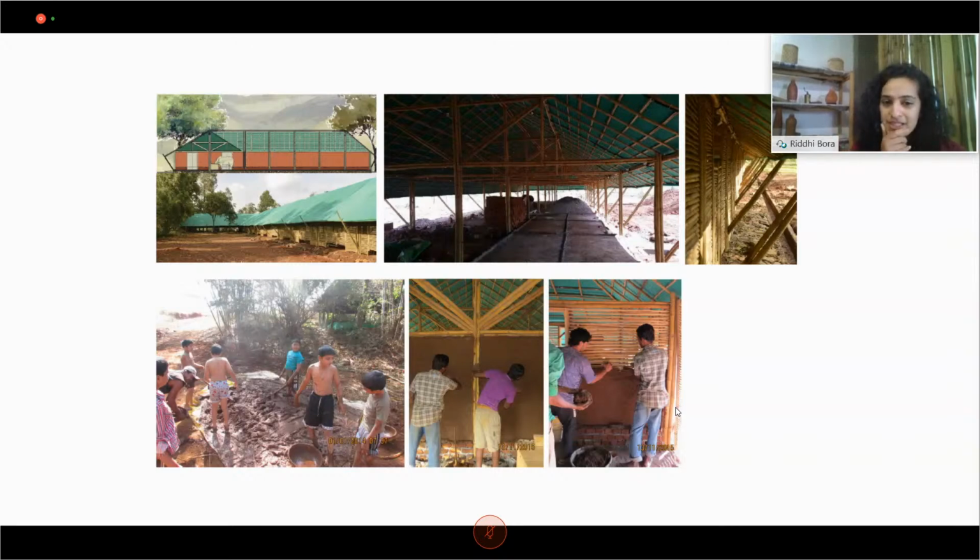He was not specified materials. And he realized two things. The site has plenty of mud, has plenty of bamboo, and how can he work with these materials? So he experimented his way through and built this structure here. You can see a lot of the community helping with the whole process over here.